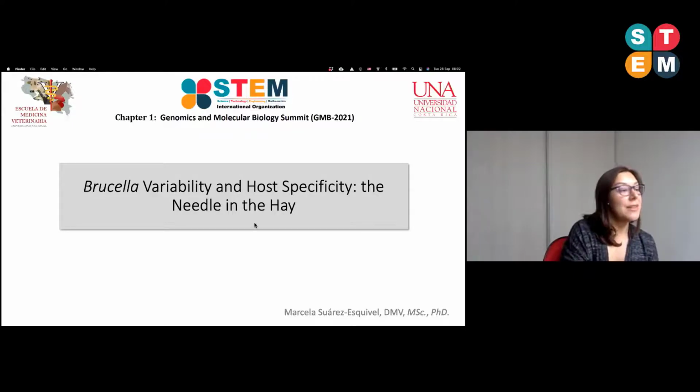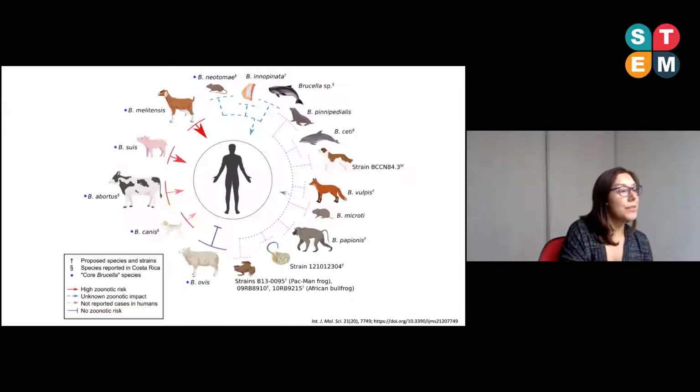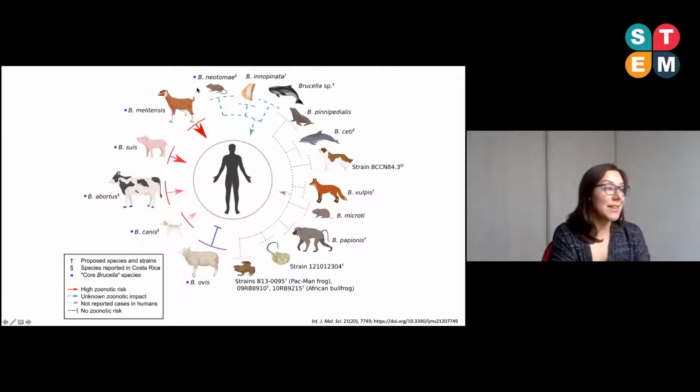Today, there are 6 well-recognized Brucella species by the International Committee on Taxonomy of Brucella. These species are marked here with the blue dots next to the name of the species. In the drawing, you can see a host species next to the name of each Brucella species.